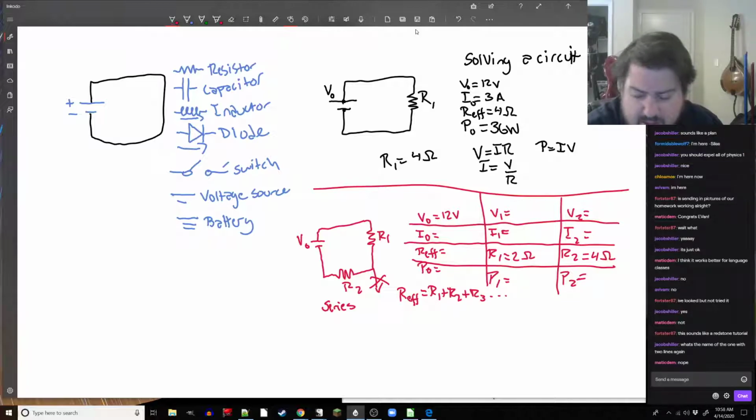So you just add them all together. So in this case, the effective resistance of this circuit, since they're in series and they're in a straight line with each other, is going to be R1 plus R2. So 2 plus 4. Hopefully you can all do 2 plus 4. I'm going to assume that you can. 6 ohms is the effective resistance.